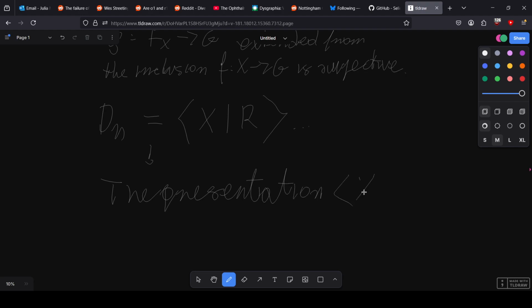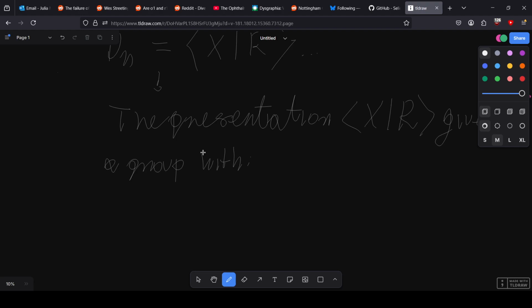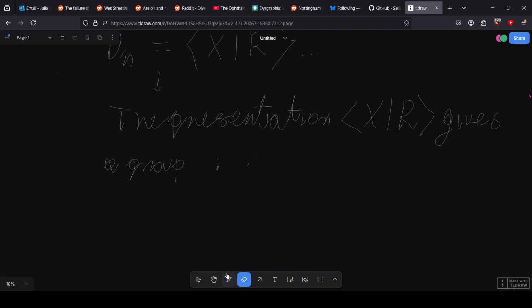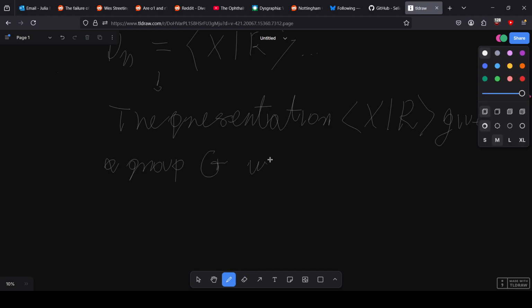The presentation X given R gives a group G with the following being imposed.